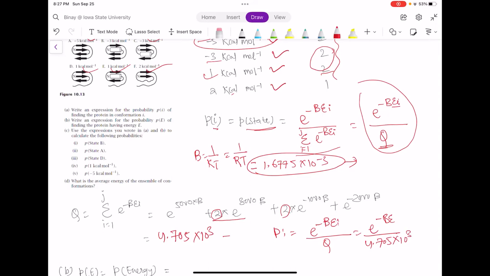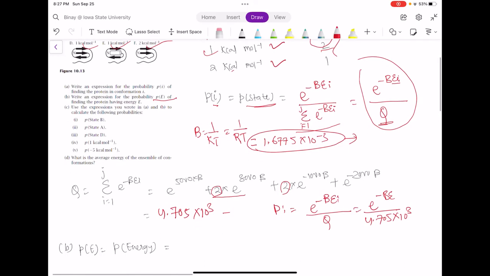Next, part B says find the probability of finding the protein at energy E. This is P of E, the probability of a particular energy state. So we have to find a particular macrostate, not a microstate.